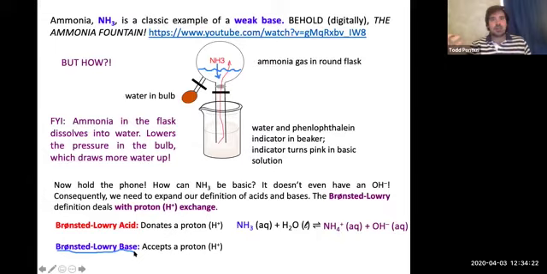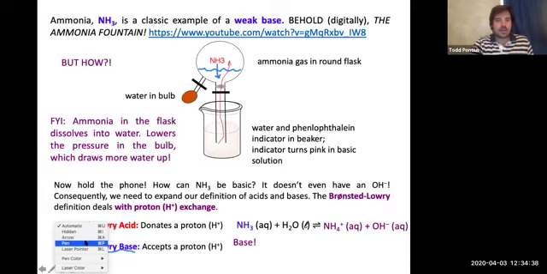So we have that definition down here. So the acid will say, take this, I don't want it. The base will say, okay. So in this particular reaction that we have here, NH3 is acting as a base because it's grabbing a hydrogen from water. So that means that the water here is acting actually as an acid. So the water is getting rid of its hydrogen, and the base is gladly taking that hydrogen.